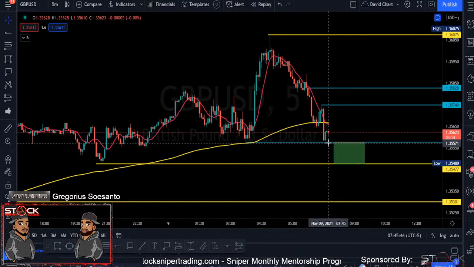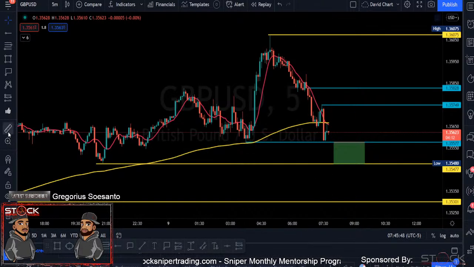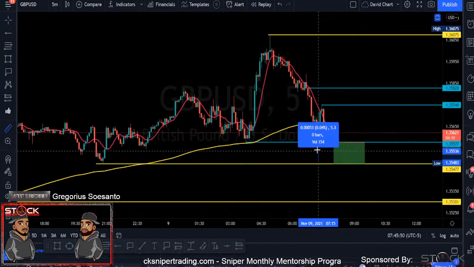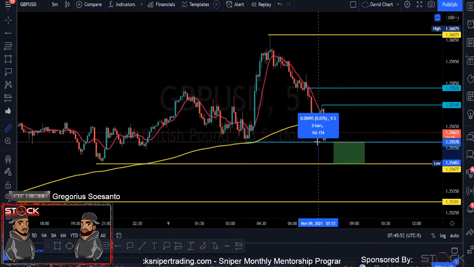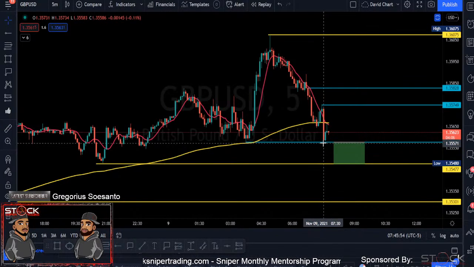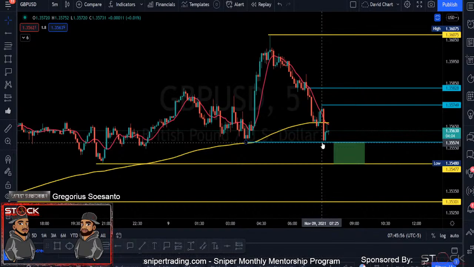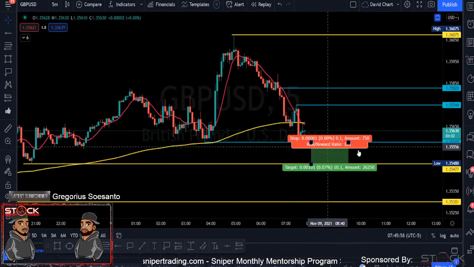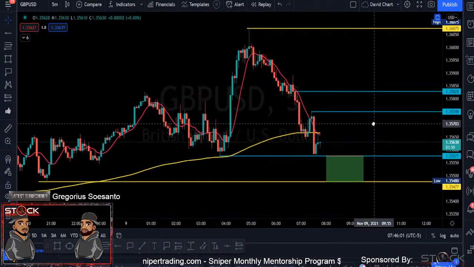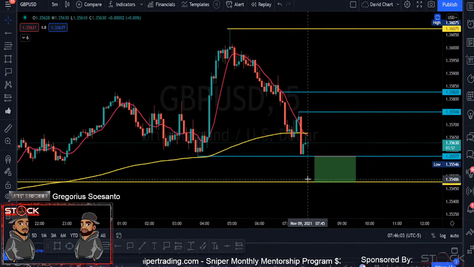Now, if it started to break down here, that would be maybe 5-10 pips, almost 10 pips. But now look at the R to R, with your spread and commission, depending on what you use.